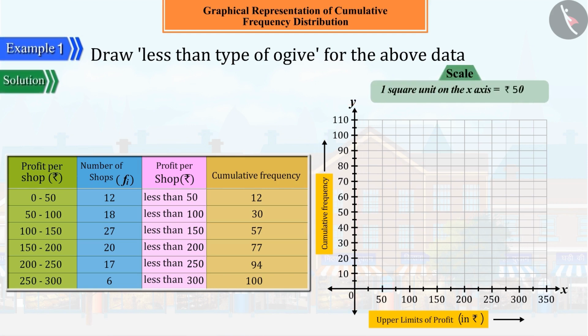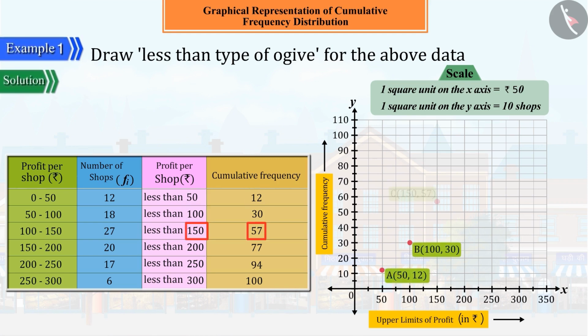Here, we take a square unit on the x-axis equal to 50 rupees and a square unit on the y-axis equal to 10 shops. Let us now plot the corresponding points A, B, C, D, E and F of ordered pairs obtained from all these upper limits and corresponding cumulative frequencies.